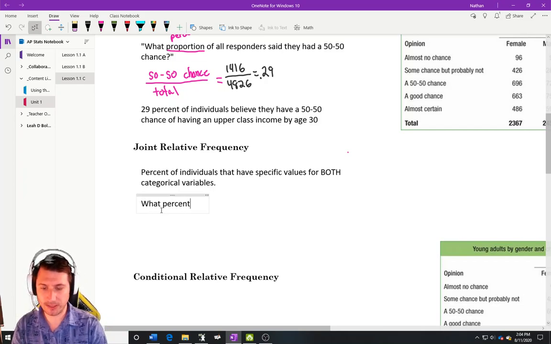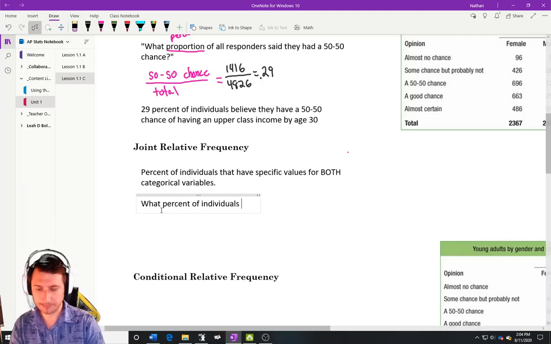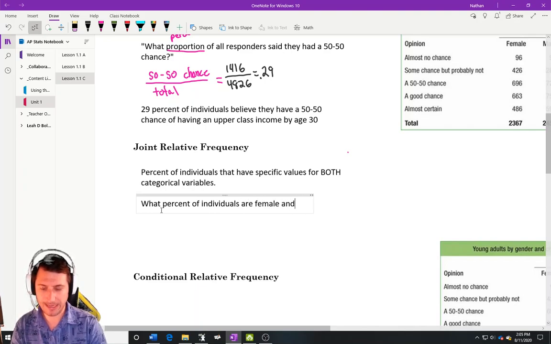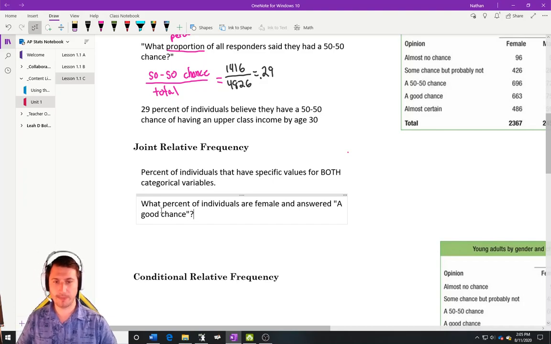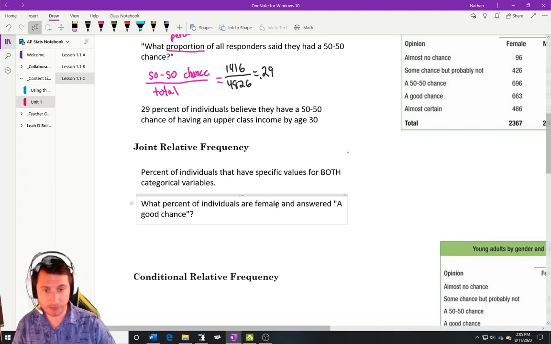What percent of individuals are female and answered a good chance? So I want to know both. How many are both female and answered a good chance?